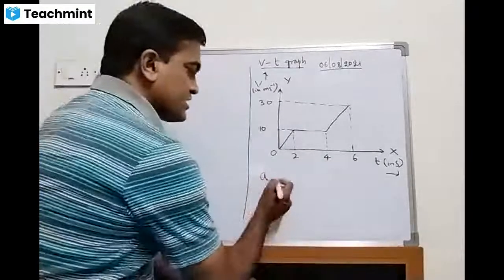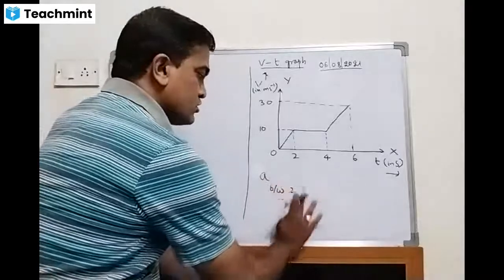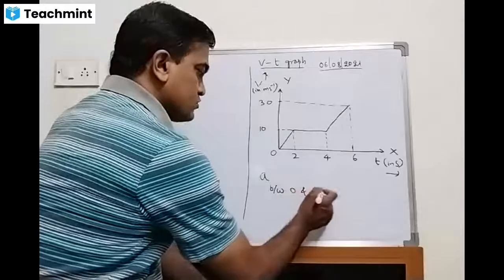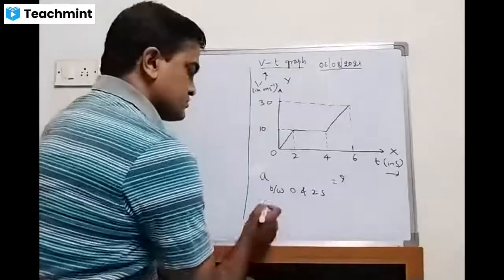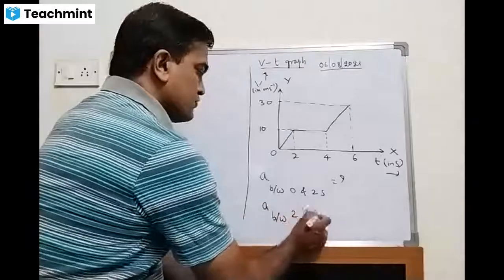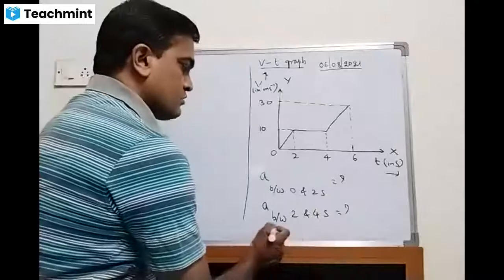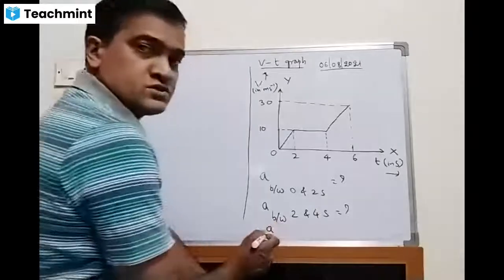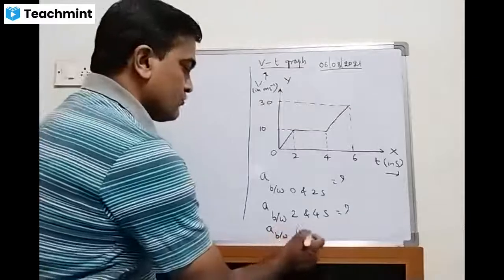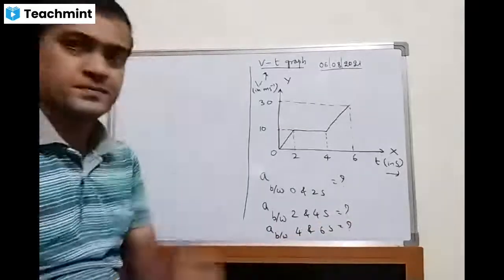Right? Acceleration between 0 and 2 seconds is equal to how much? Acceleration between 2 and 4 seconds is equal to how much? And one more, acceleration between 4 and 6 seconds is equal to how much?